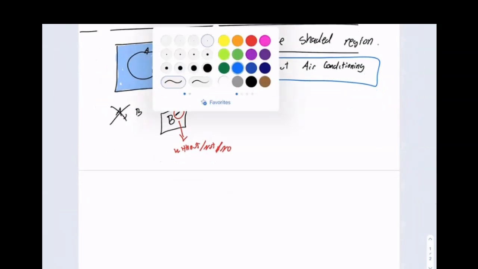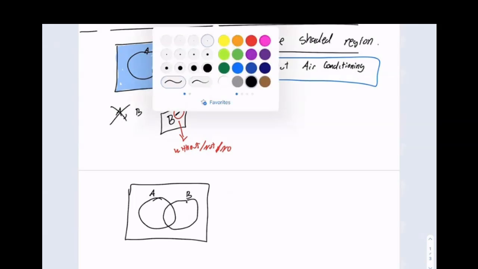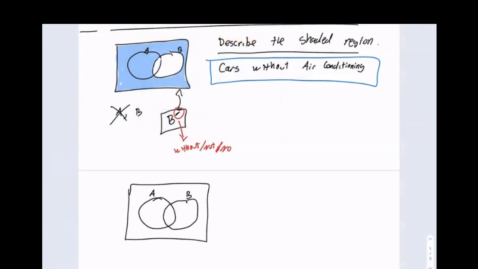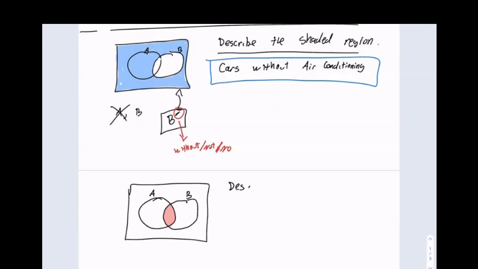Let's try another one. The goal of this problem is to describe, again, the shaded region.